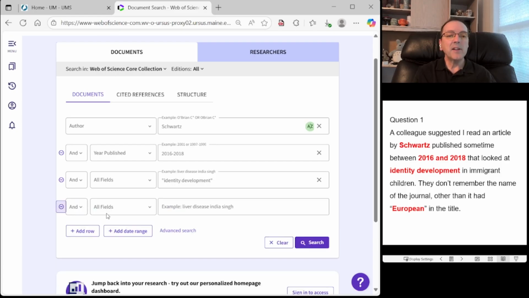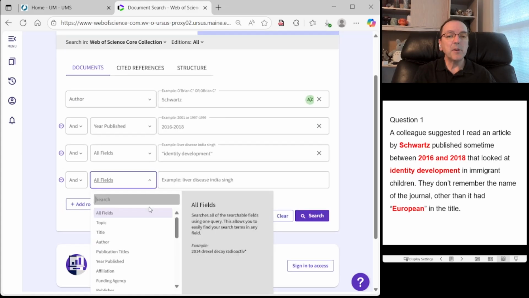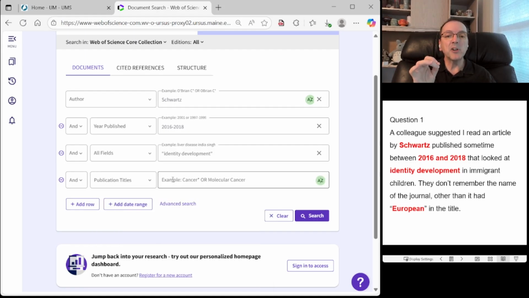And then the title, we know the title of the journal is European. And so we could come here and look up, we know it has European in the title somewhere for the journal. And publication title is the title of the journal. So it'd be tempting to say I'm going to do publication title and enter European and have it find all the journals that have European in the title.